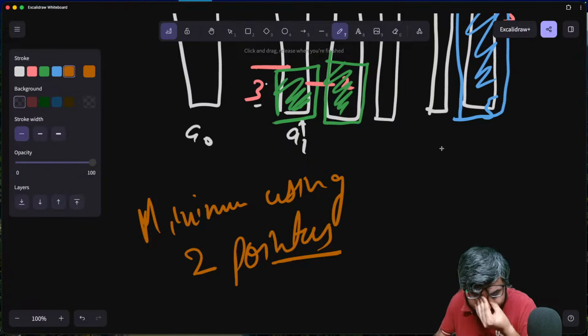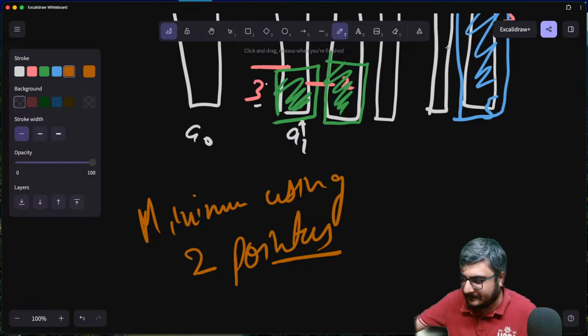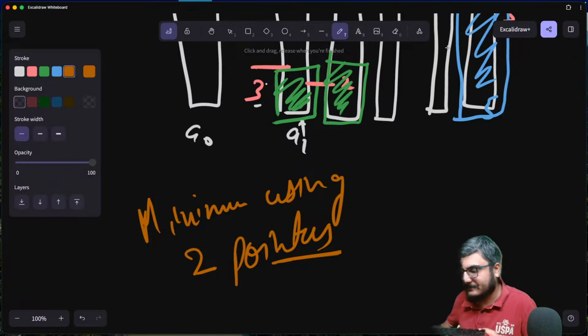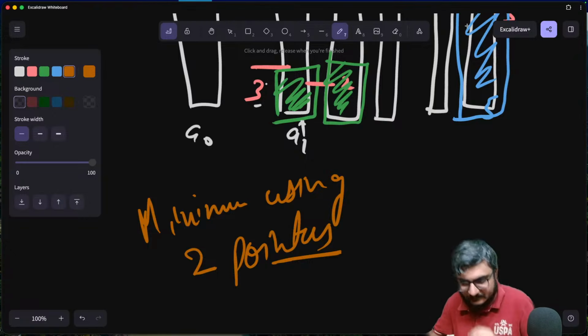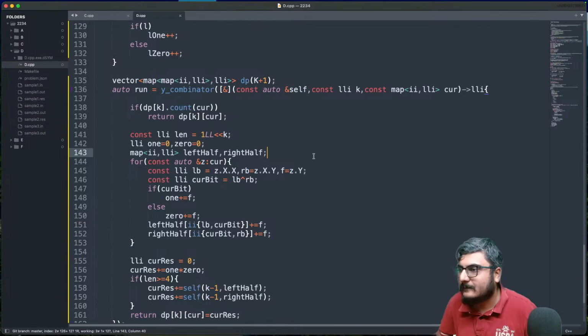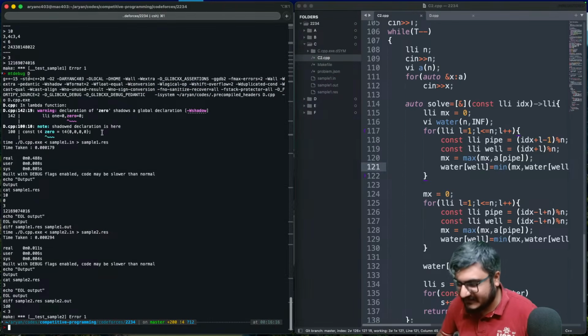This type of DP idea has definitely appeared earlier as well. And overall, the solution for this is again n square, but this is one way to code the same thing. I will code the same thing for problem C again.